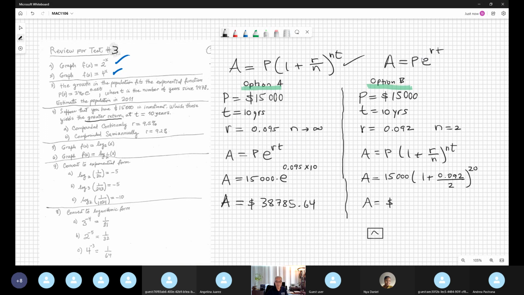This is the power. It looks like the roof of a house. Press enter. Oh, I made a mistake. I forgot the exponent, which is 20. Okay, I have the answer.